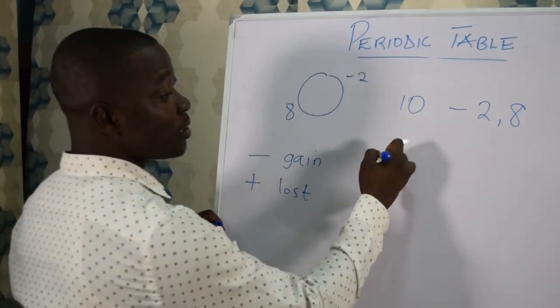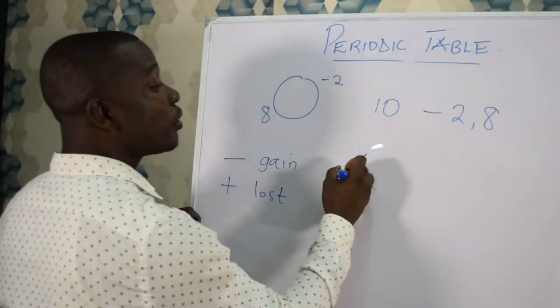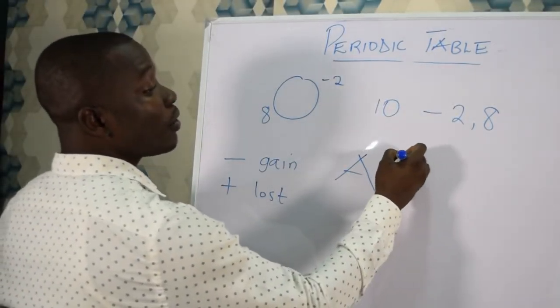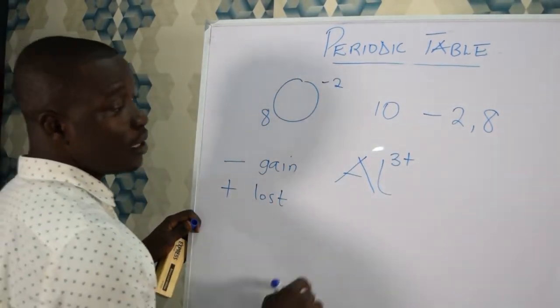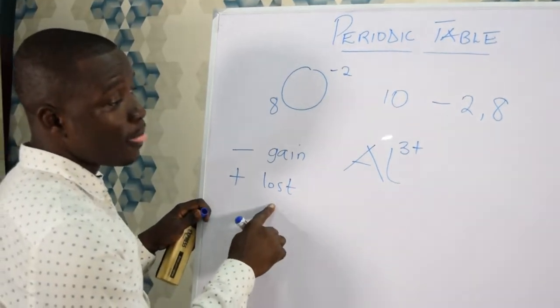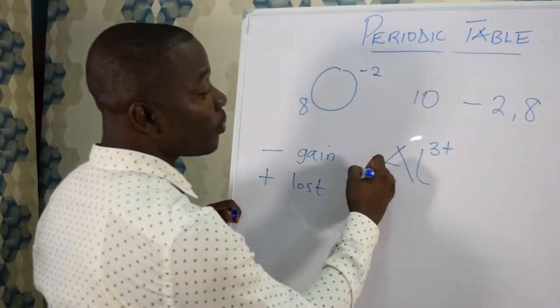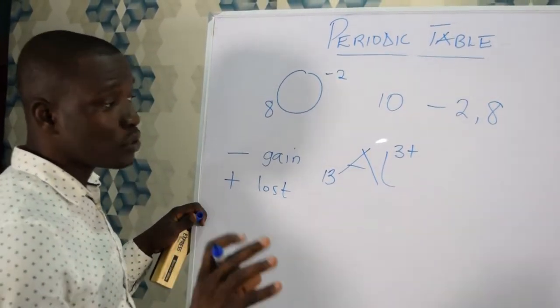We can take another example. Aluminium, 3+. Don't forget that in science, when you see positive, it means lost. So I know aluminium is element number 13, which means it has 13 electrons.